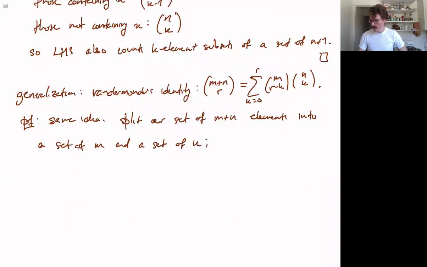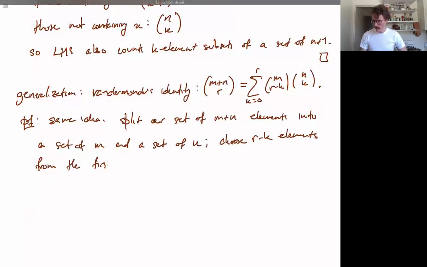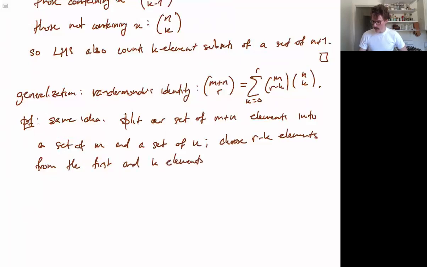Well, we choose r minus k elements from the first one, that's this term, and k elements from the second.